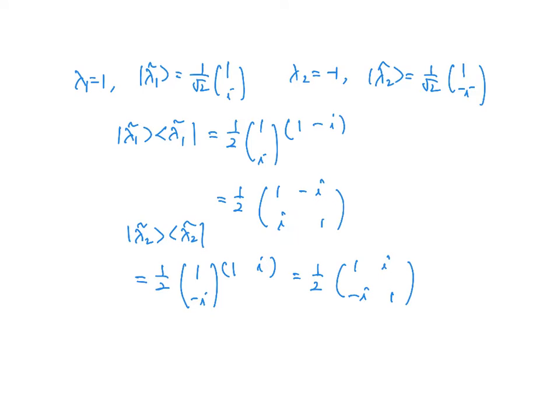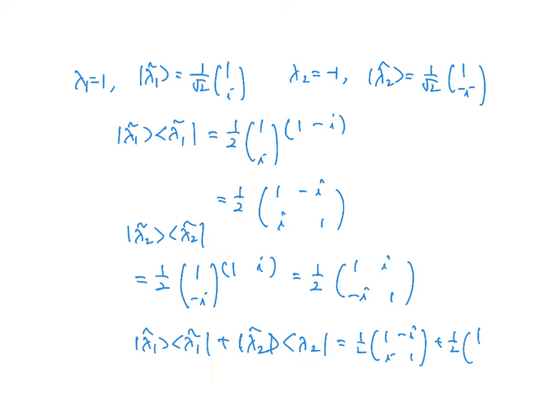So the first checking point is you add lambda 1 tilde plus lambda 2 tilde. That is 1/2 (1, minus i; 1) plus 1/2 (1, i; minus i, 1).